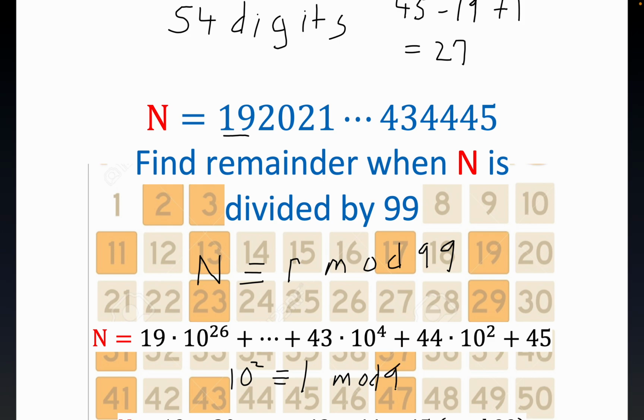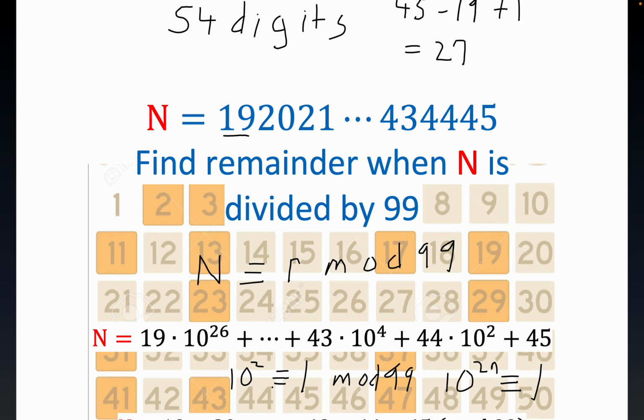One of the joys of congruences is you can treat them very much like equalities most of the time. And so right here, this would imply that 10 to the 2n, where n is just a natural number, is congruent to 1.